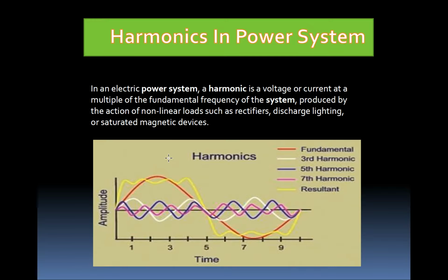Next, harmonics. What is harmonics? Harmonics is a voltage or current at multiples of the fundamental frequency. Normally it's third, fourth, fifth, seventh, and so on and so forth. So this is the resultant of each harmonic. It originates, as I mentioned before, from non-linear loads.